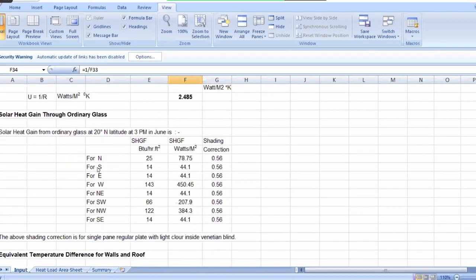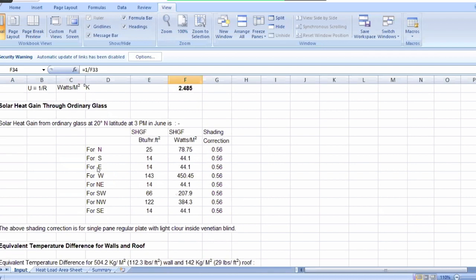Solar heat gain through ordinary glass. Solar heat gain factor: there is a value for direct solar radiation. North wall is this. We have considered 20 degree north latitude for Calcutta at 3 p.m. on June. From there I have taken the solar heat gain factor.